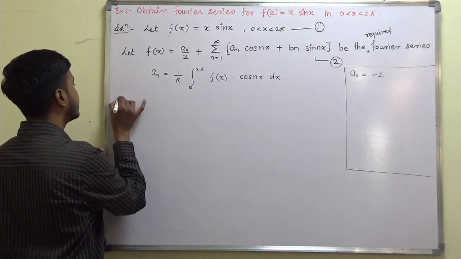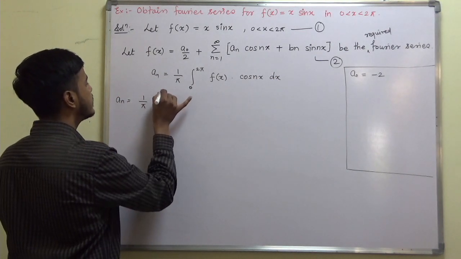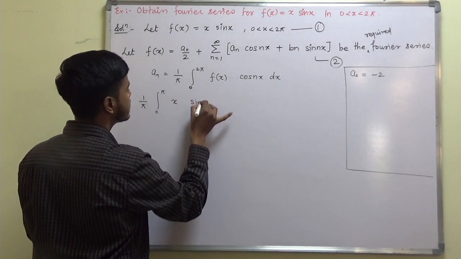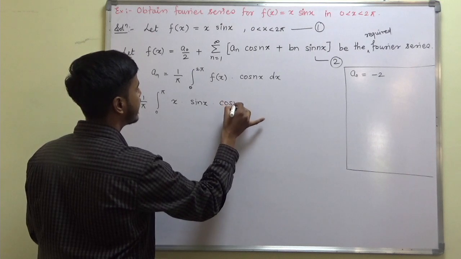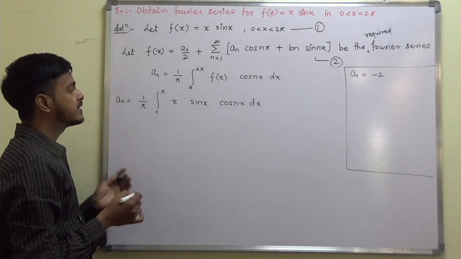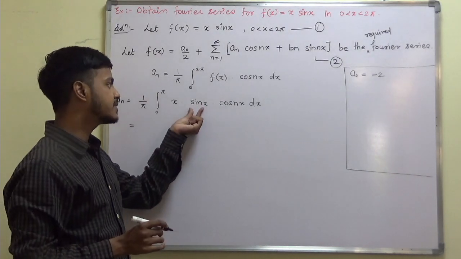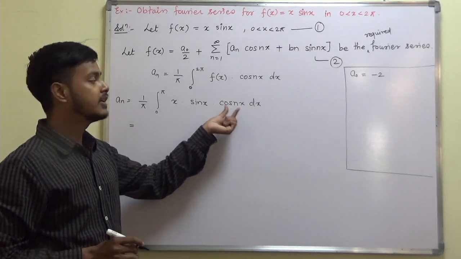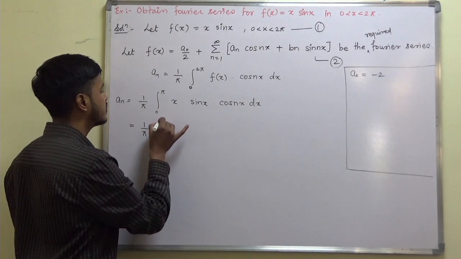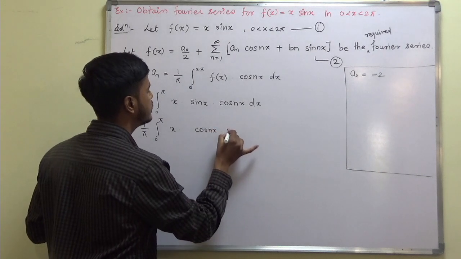So an is equal to 1 by pi integration 0 to 2 pi of x into sin x into cos nx dx. Whenever you have a term like this, always write the bigger term first. Sin x is bigger or cos nx is bigger? Cos nx is bigger. So you can write 1 by pi integration 0 to 2 pi x into cos nx into sin x dx.